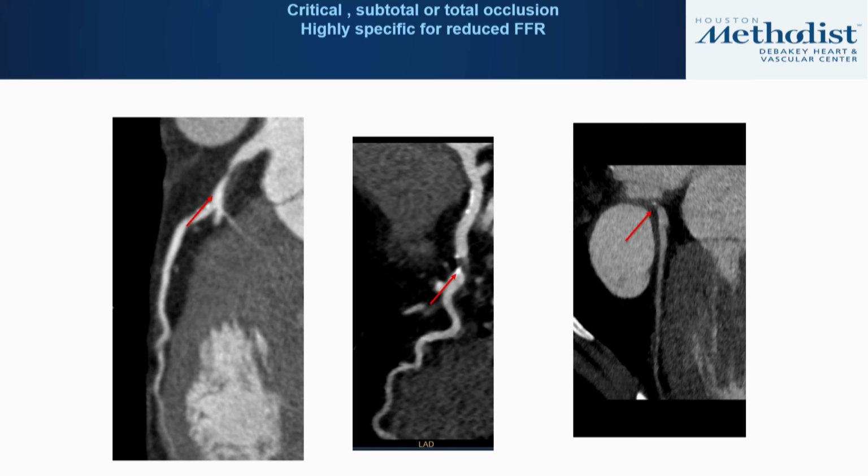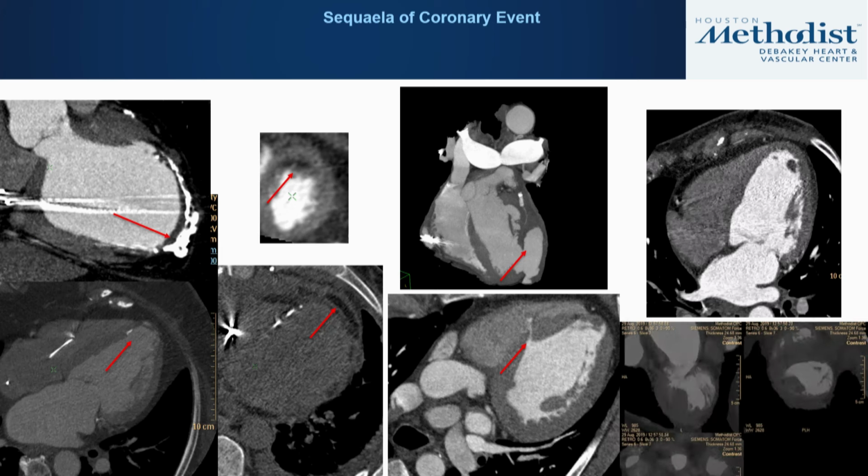The patient is going to have reduced invasive FFR. So if you have a serious lesion like this and the patient has symptoms, there's no need to do any more testing. Depending on the location of the disease and the symptoms, you can decide whether the patient goes to angiogram or just needs medical therapy. Critical stenosis, subtotal or total occlusion, there's no need for more testing.